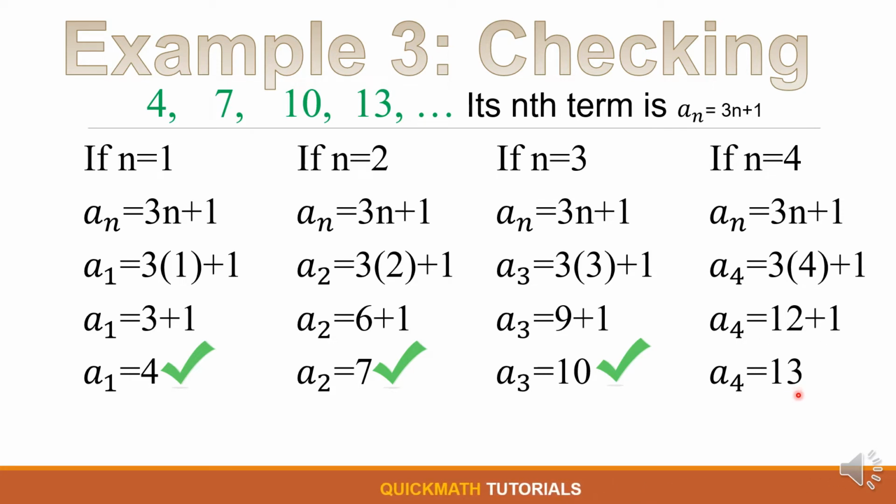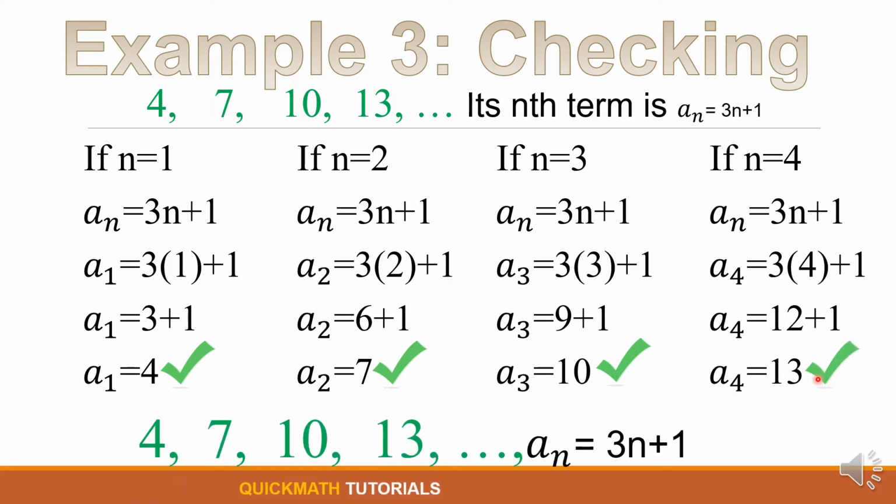And this is correct because, as you can see in the sequence, the fourth term is really 13. Therefore, the nth term of the infinite sequence 4, 7, 10, 13, and so on is a sub n equals 3n plus 1.